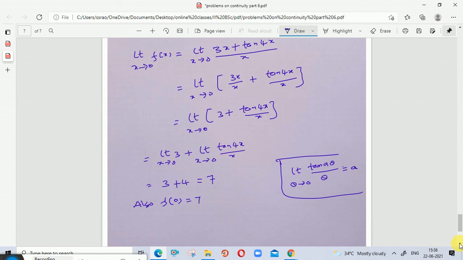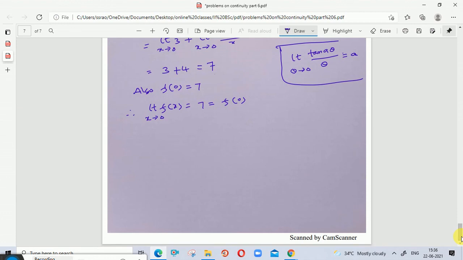Therefore we have limit x tends to 0 of f of x is equal to 7, that is equal to f of 0.